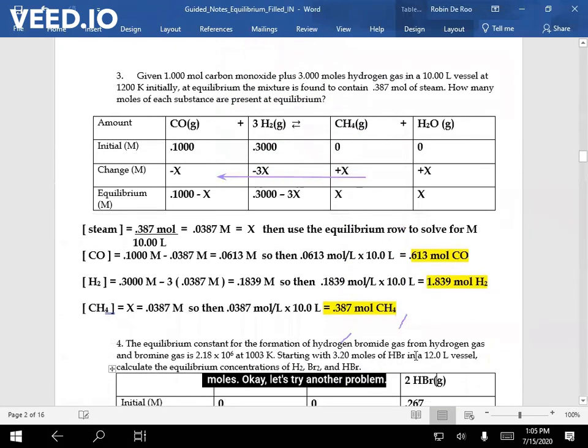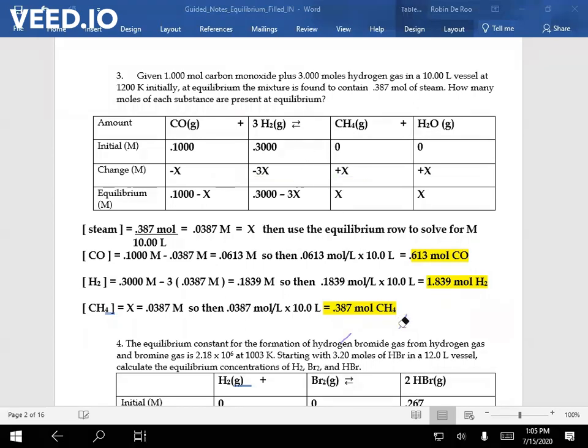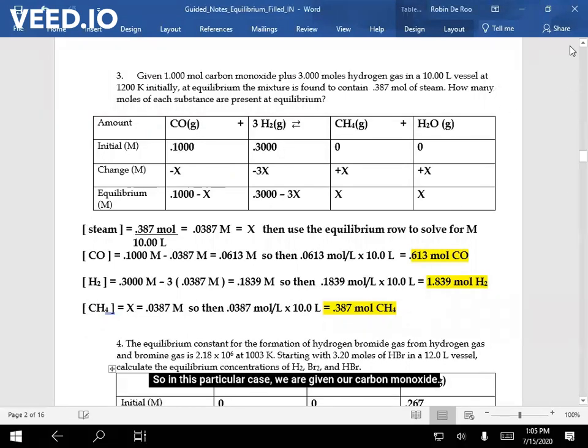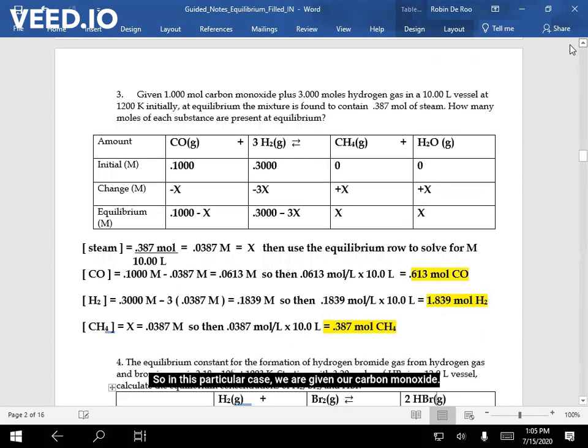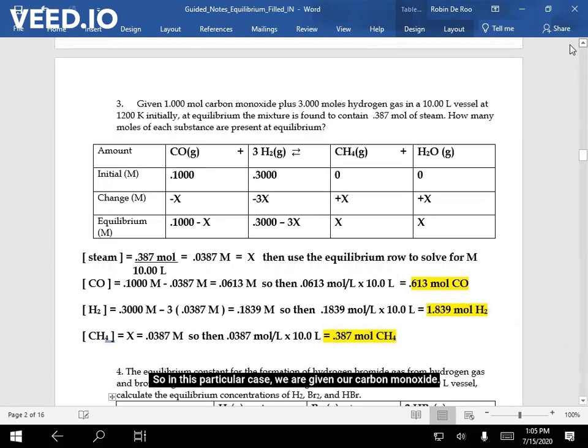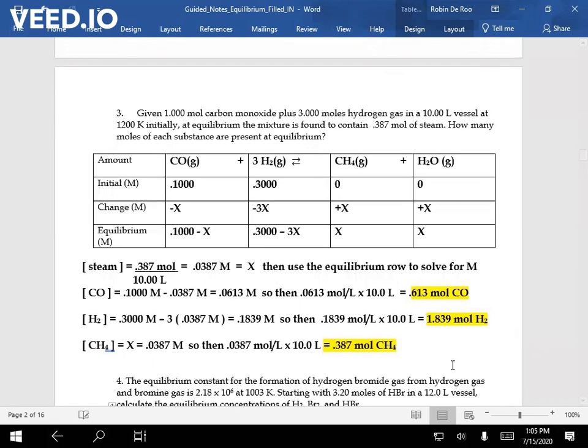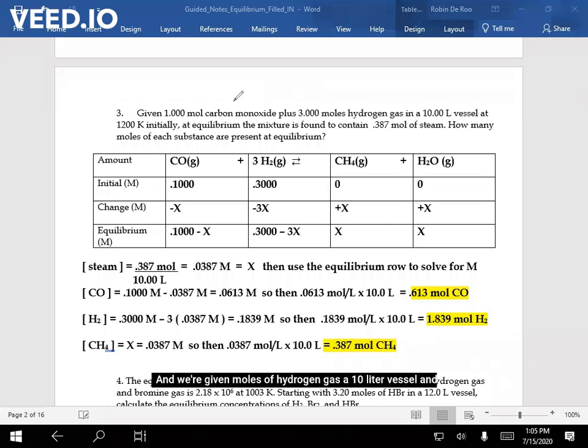Okay, let's try another problem. So in this particular case, we are given our carbon monoxide, and we're given moles of hydrogen gas, a 10-liter vessel.